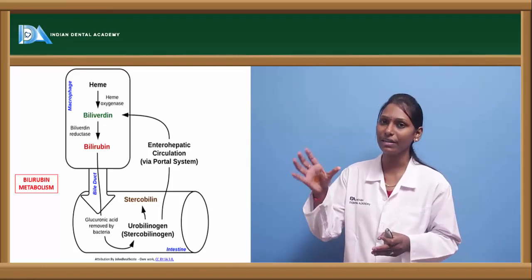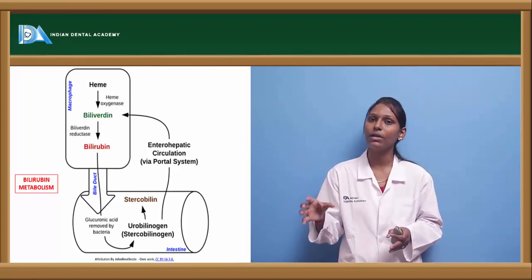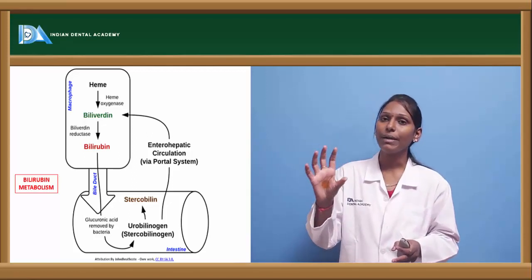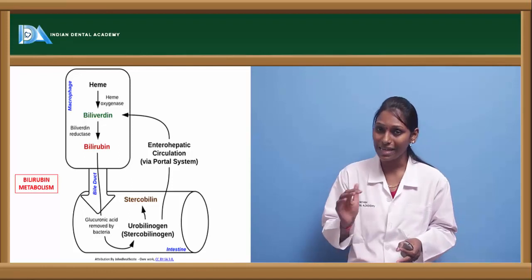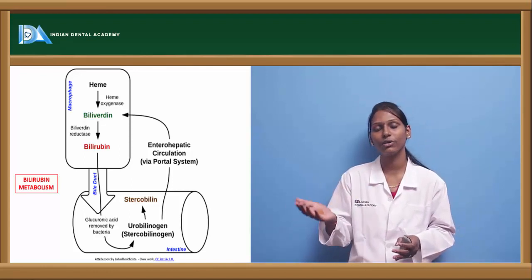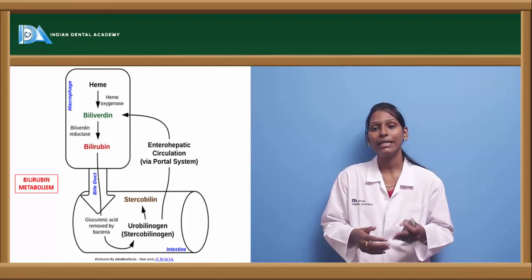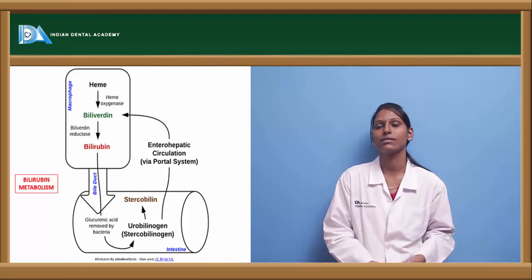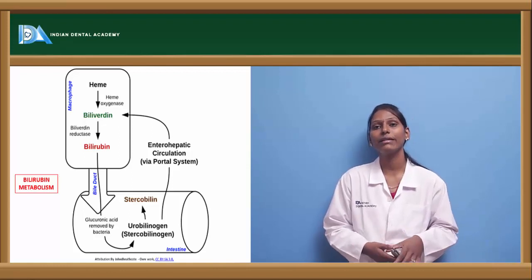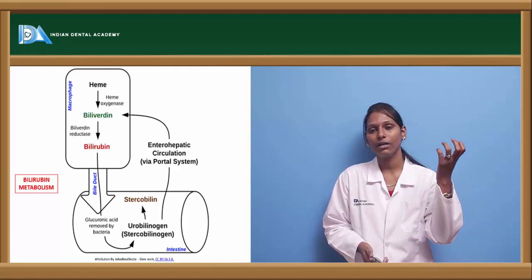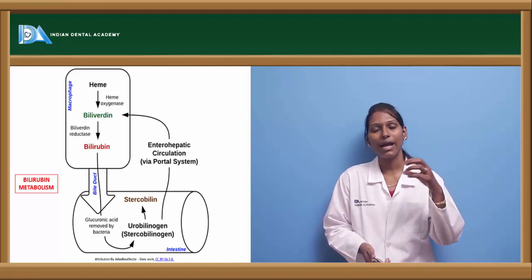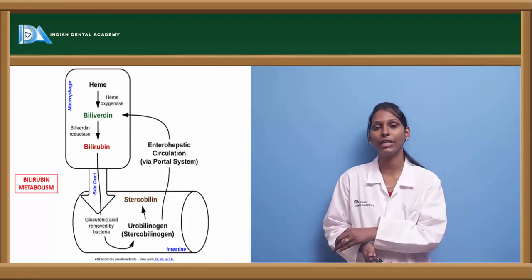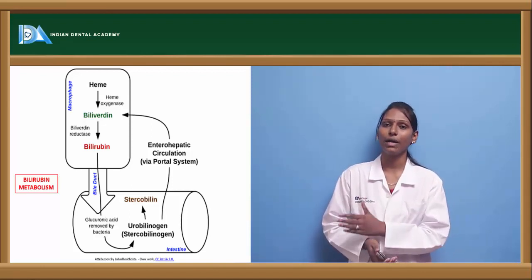Whenever, in this whole process of bilirubin metabolism, the proper metabolism is hampered because of a defect in glucuronyl transferase, there will be inherited hyperbilirubinemia, a condition that leads to jaundice. In another condition, biliary obstruction, the conjugated bilirubin which has to be transferred via the bile into the duodenal lumen is obstructed, and it leads to obstructive jaundice.